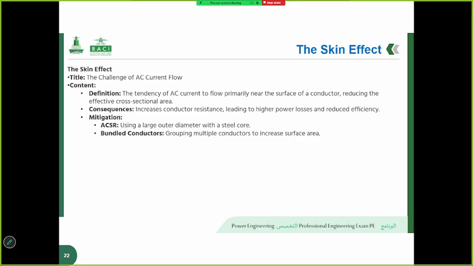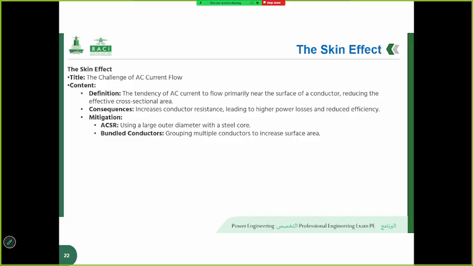Bundled conductors. This method involves grouping multiple smaller conductors to act as a single phase. By doing this, the total effective surface area is increased, which significantly reduces the skin effect. Bundled conductors are particularly effective for high voltage transmission lines.